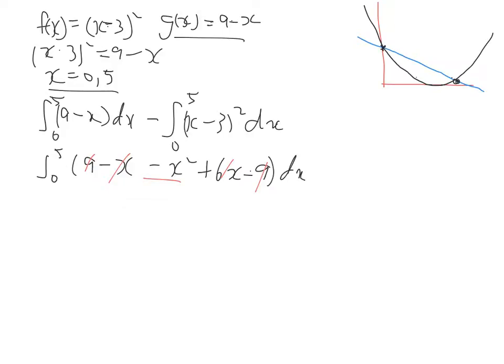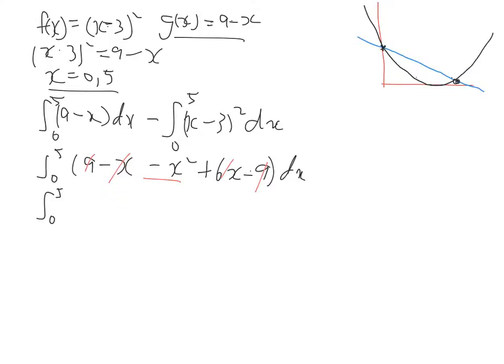So this becomes the integral from 0 to 5 of negative x squared plus 5x with respect to dx.